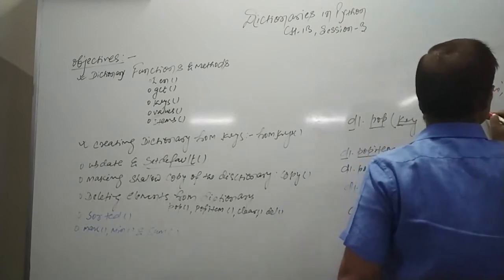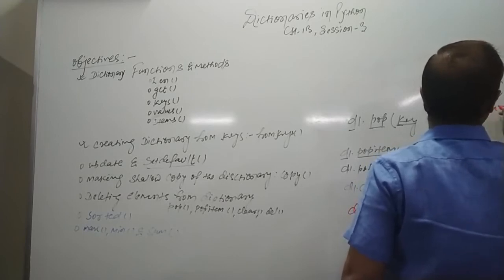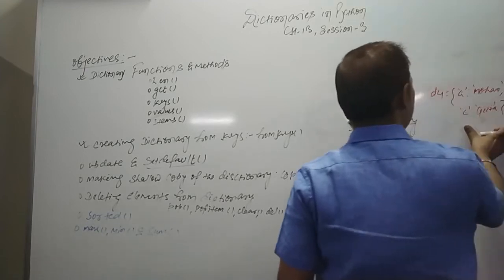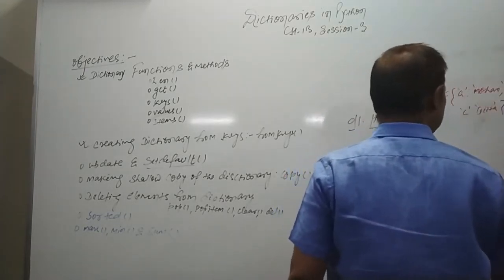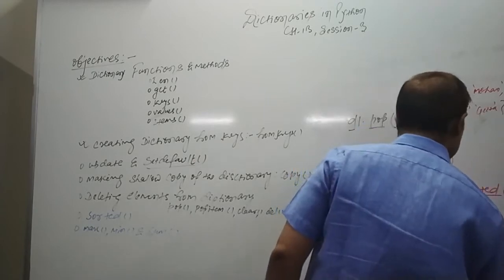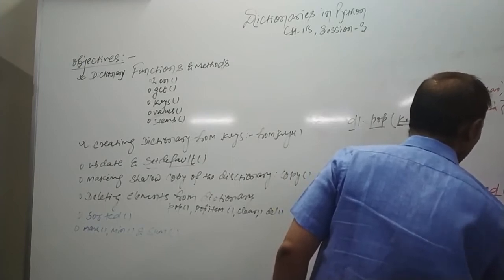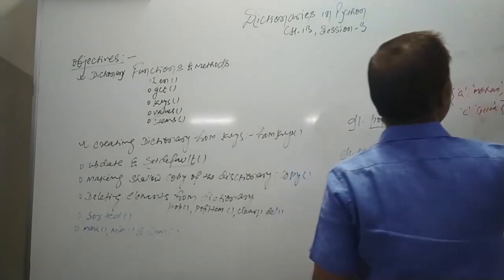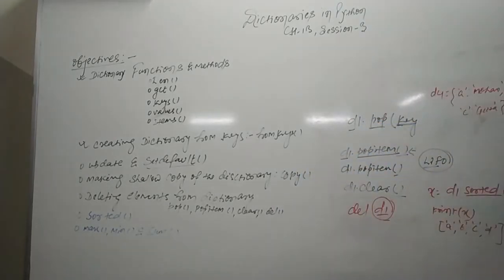I am writing it intentionally just to show you how it will sort. Now these are four elements, A, B, D and C. If I use the sorted method, it will show me A first, then B, then C and then D, though in my dictionary it was A, B, D and C. Mind it, this sorted method helps us to sort only the keys of the dictionary, not the values. That is how the sorted method works.